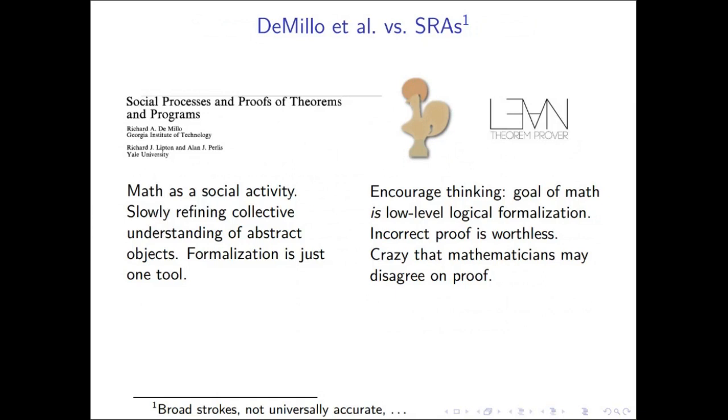So I think that's sort of what these tools arguably encourage thinking about math as. Whereas I think another perspective is more about math as a social activity. It's about a community coming together to slowly refine a collective understanding of these abstract objects. And in that context, formalization is just one useful tool in the toolbox, right?